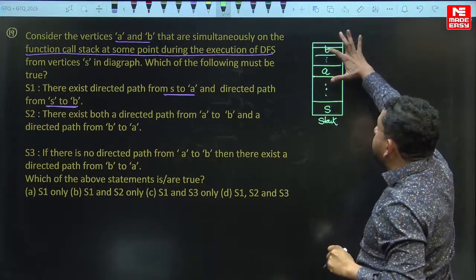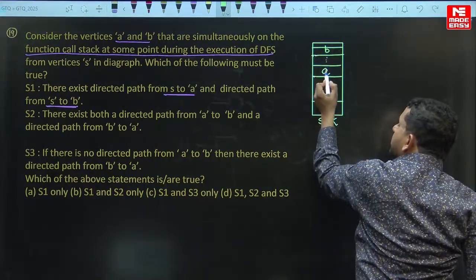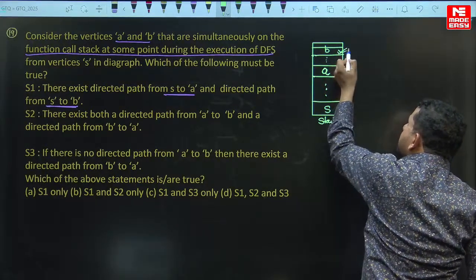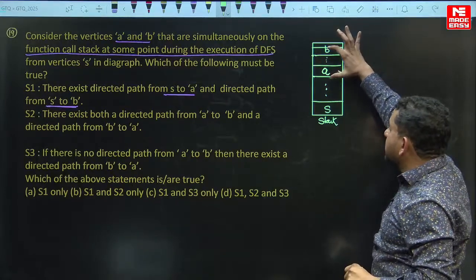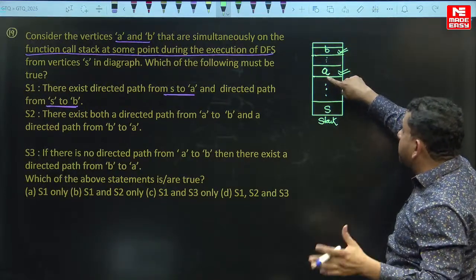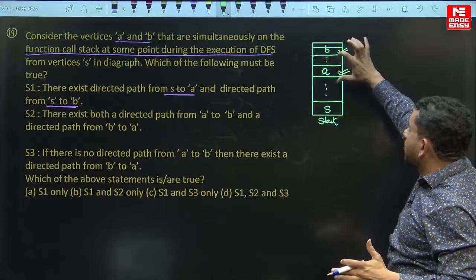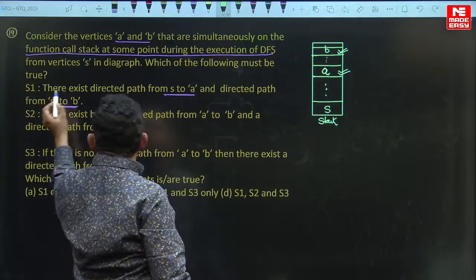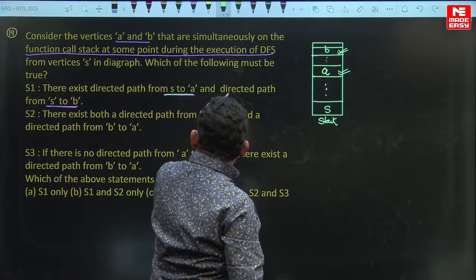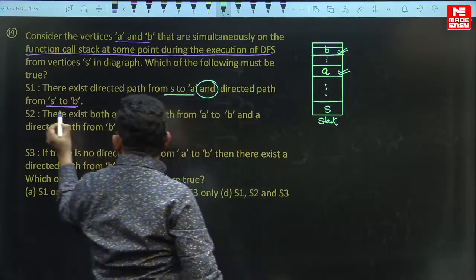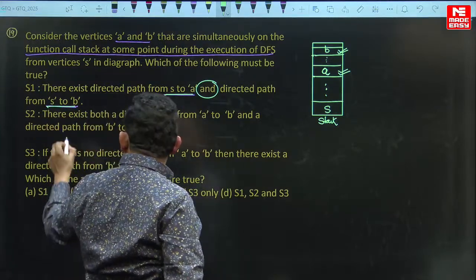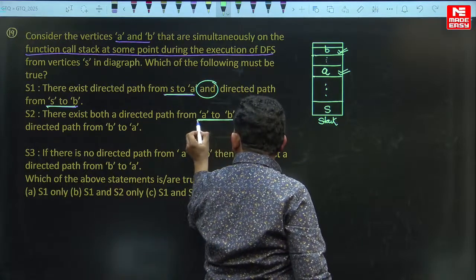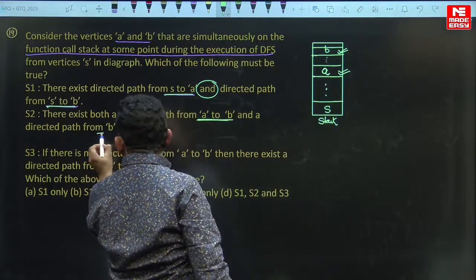By the time B is added to the stack, A has not been removed, meaning A is not completed. A and B are both in the stack simultaneously, not like A is popped and then B is inserted. In this scenario there must be a directed path from S to A and a directed path from S to B. Then there exist both a directed path from A to B and a directed path from B to A.